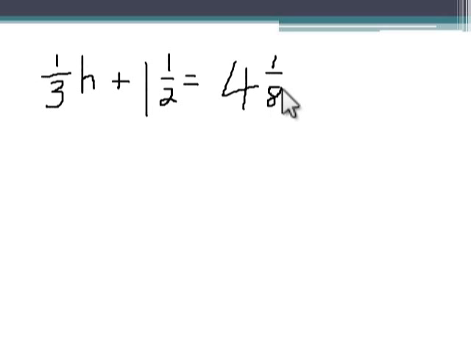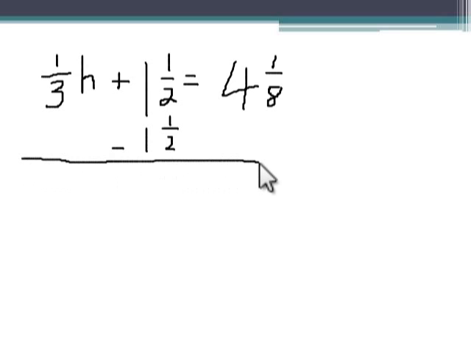All right. So the first thing we want to do is undo any addition or subtraction. Our addition is to add 1 1/2. So to undo it, we would subtract 1 1/2. Okay. Let me draw my long line here. What am I going to need to do first here? Are you thinking? That's right, I need a common denominator. So what is 1/2 as eighths?